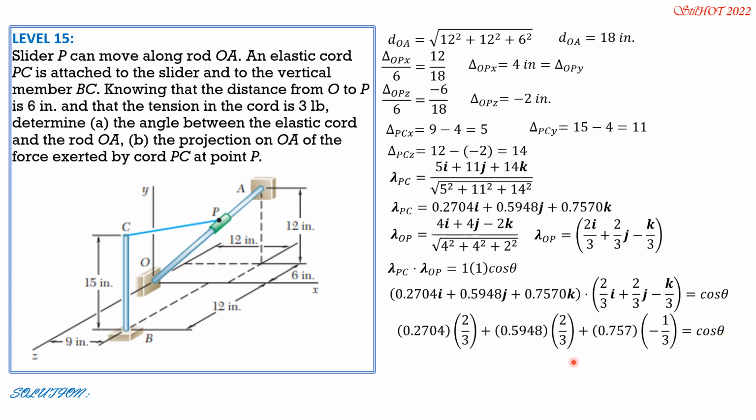So using your calculator, we can now compute theta, 71.07 degrees. Then the projection of the force on OA is equal to force, 3 pounds, times cosine of the angle between them, 71.07 degrees. So it is equal to 0.9732 pounds.